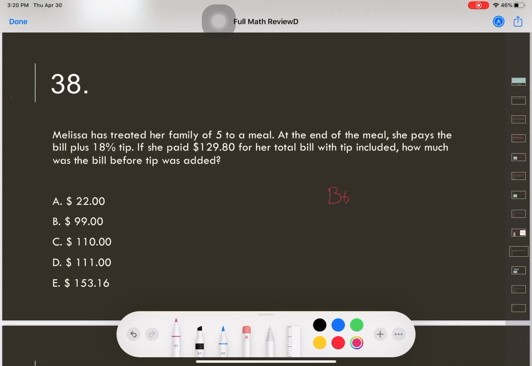So the bill with tip is $129.80. Oh man, I hate when it does that. So before tip is going to be less than $129.80. So we can go ahead and rule out E before we even get there.